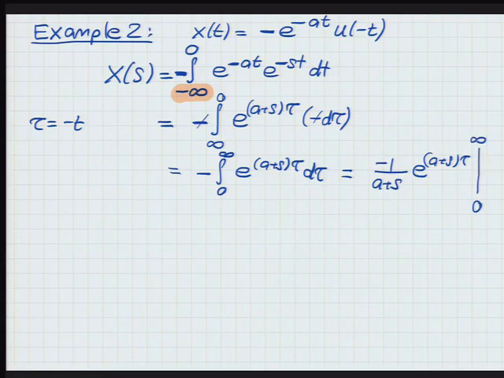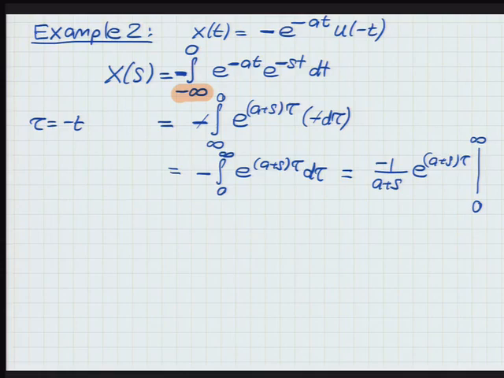So what happens at infinity? That really depends on what e to the a plus s tau looks like. So when can you say this is actually 0? If the real part is negative, we don't care about the imaginary part, because the real part is an envelope, right? If that decays to 0, that's fine.